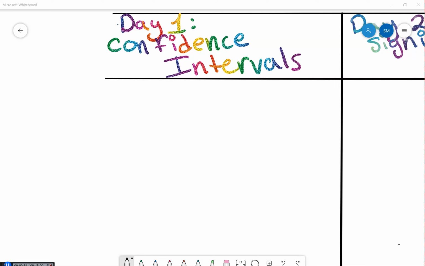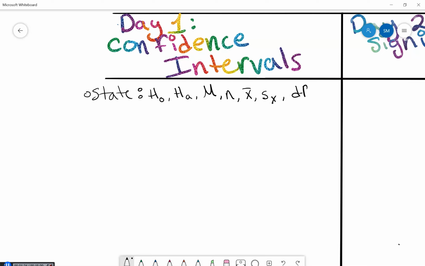So for the confidence intervals, the first thing that we're going to do is state. This is trying to figure out what do we know. So in this case, we're going to be stating the null hypothesis, the alternative, the null mu. We're going to be looking at the sample size, the sample mean, the standard deviation, as well as the degree of freedom if we want to.